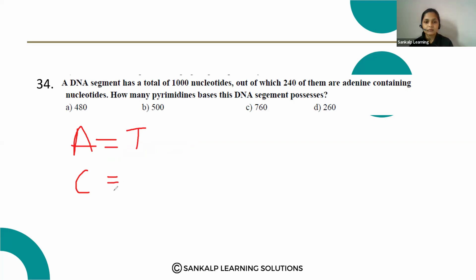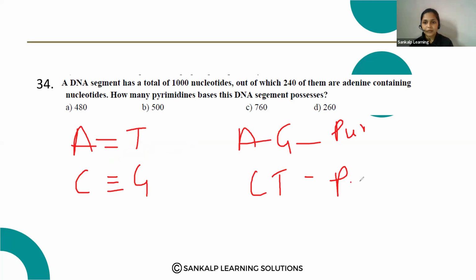Cytosine binds with guanine. Adenine and guanine are purines, and cytosine and thymine are pyrimidines.